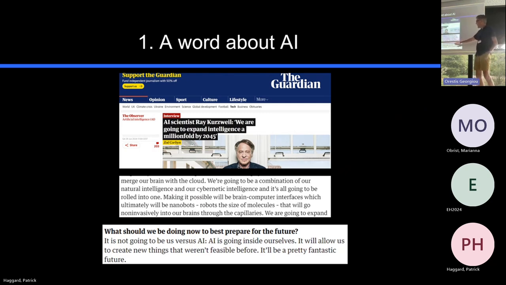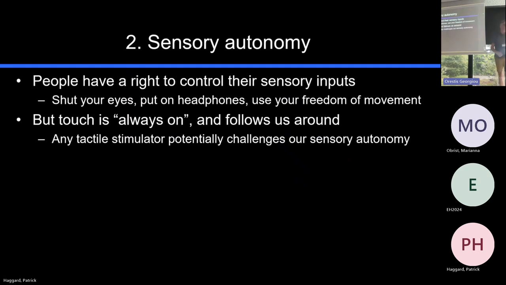Question: what should we be doing now to best prepare for the future? It's not going to be us versus AI. AI is going inside ourselves. So I just thought it was really interesting that in his fairly interesting vision of the future, there is a direct tactile interface between AI and the human physiology. So this means that haptics is an area where AI is going to have significant ethical implications.